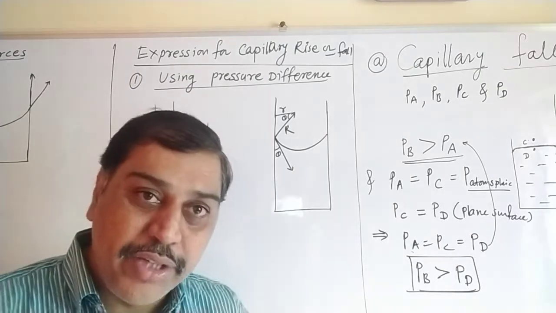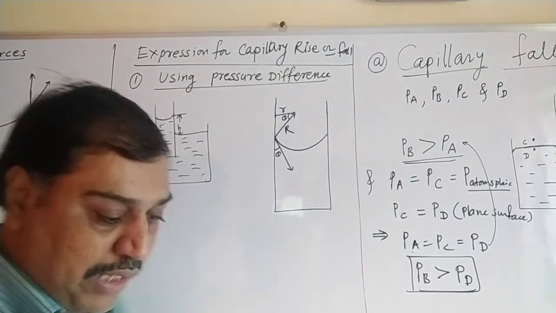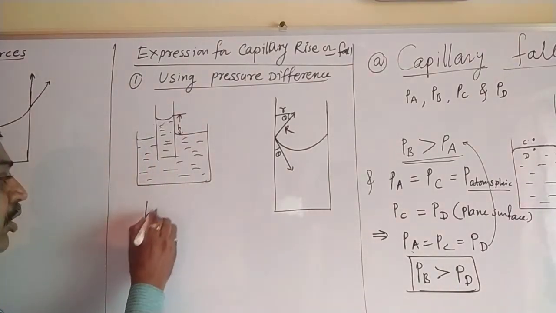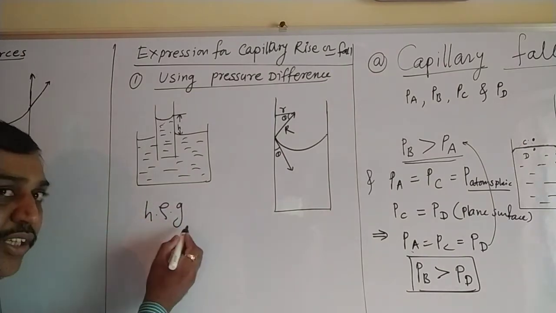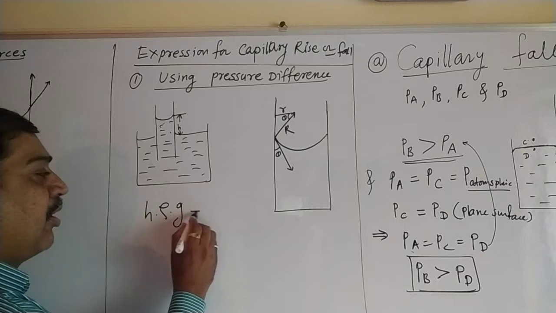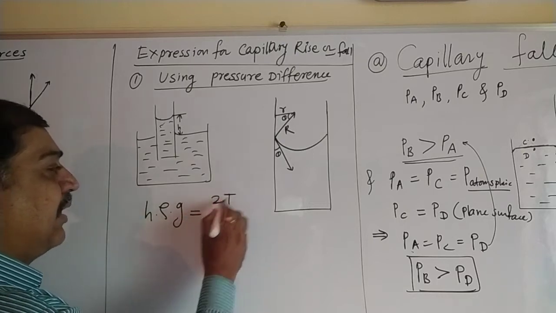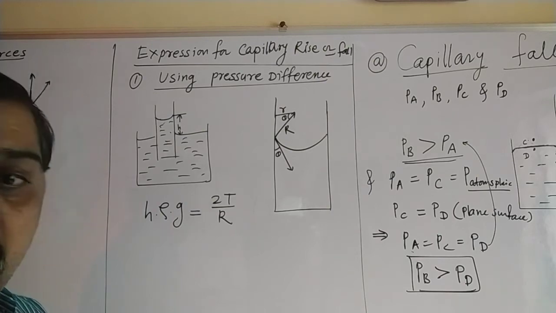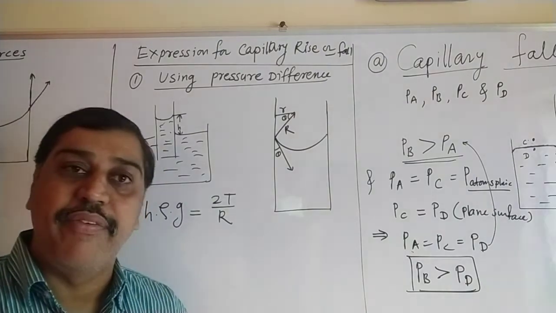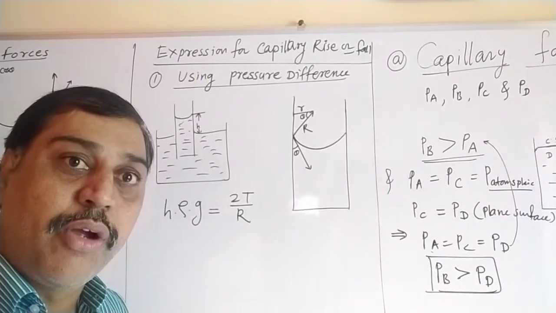Now what is the equation of pressure? If you remember, we have derived that also. That equation we have derived: h rho g. h is the height in the capillary, rho is the density of the liquid, g is the acceleration due to gravity. That must be equal to what? Twice T divided by R, where T is the surface tension of the liquid, R is the radius of curvature of the concave meniscus.